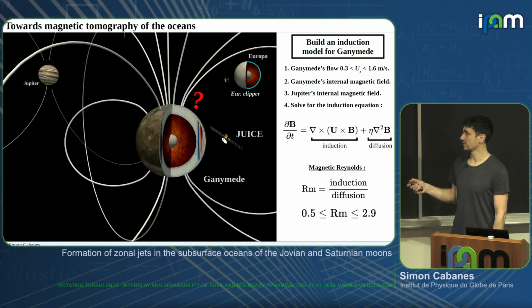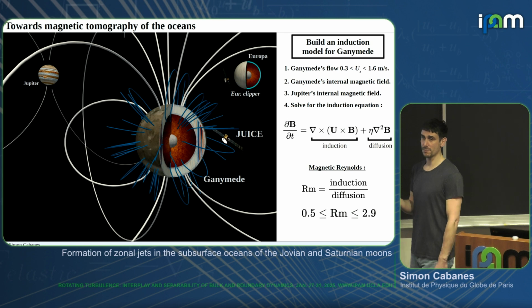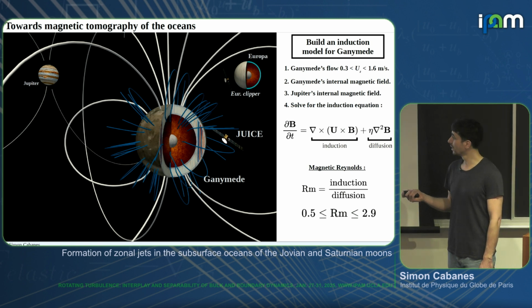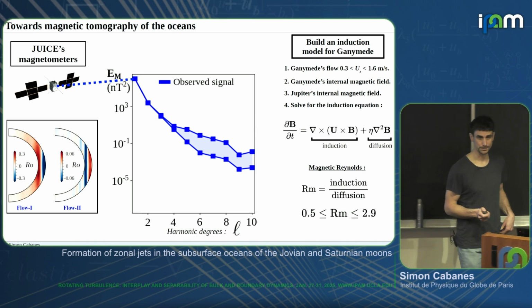And as long as I can solve this equation in this magnetic environment, I can predict exactly what will be this magnetic production, and this corresponds to the blue thick line here. But I can also predict what will be the signal that will be detected by the JUICE magnetometer. And here is a typical magnetic energy produced for the different spherical harmonic degrees.